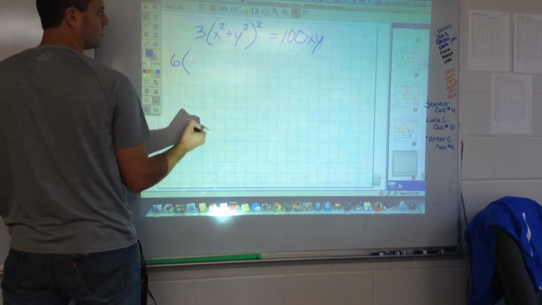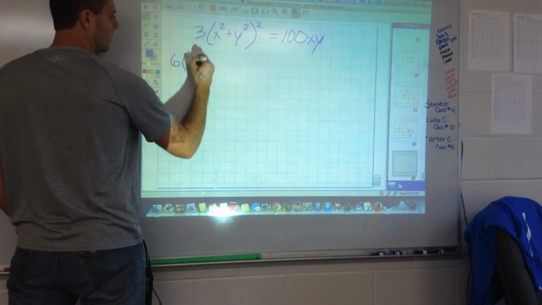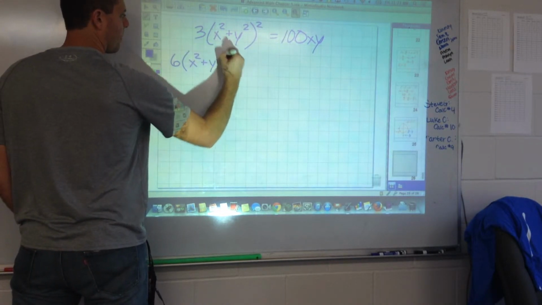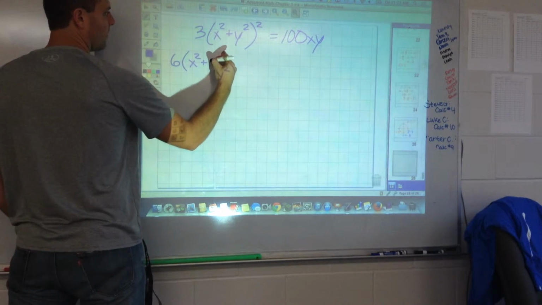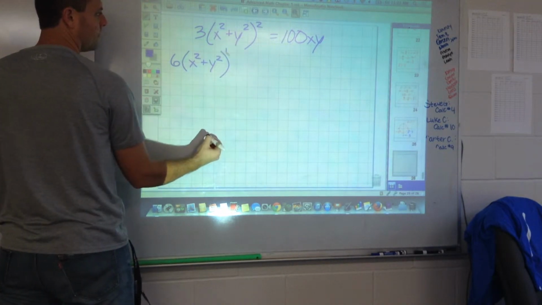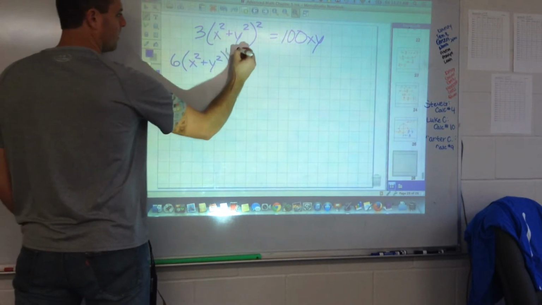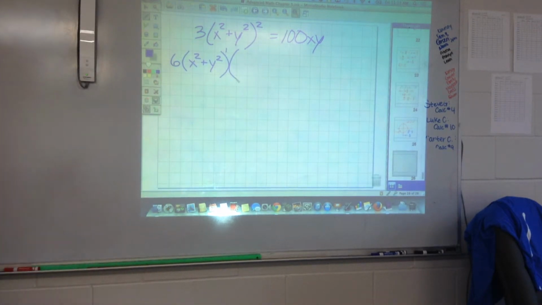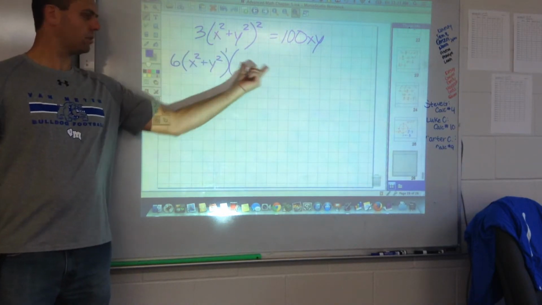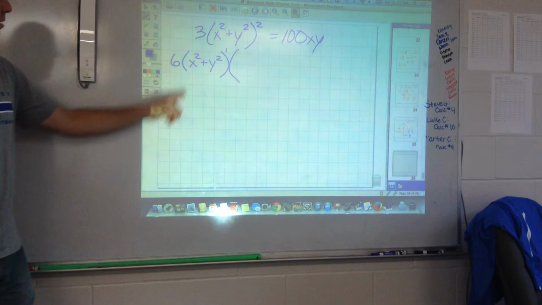What happens in the parentheses? Stays the same. And now this is raised to the first power. But what do we still need to do? Multiply by the derivative of what's inside the parentheses.